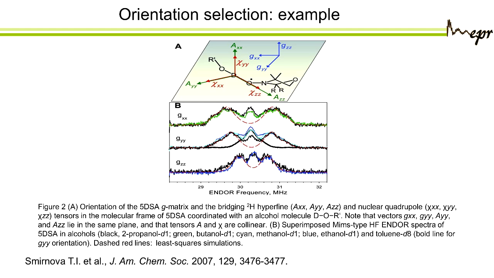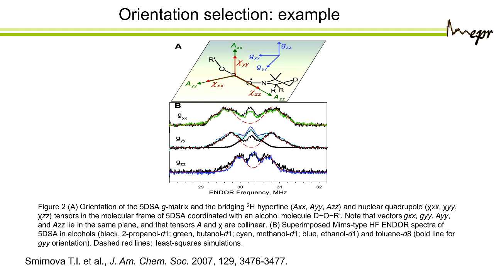They measured at different positions in the nitroxide spectrum, in several solvents, and they did this fit. I don't want to go into all these details, but this is something that one can do.